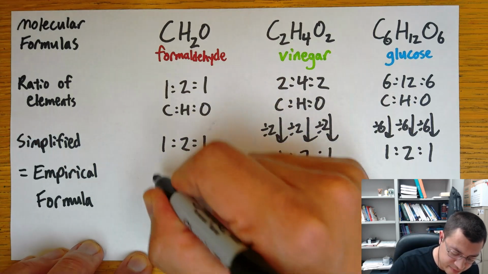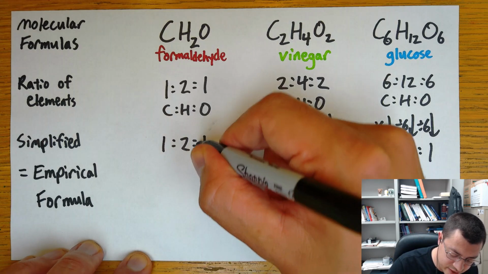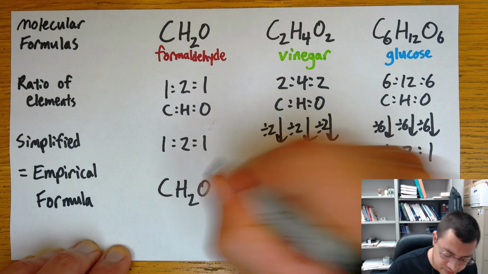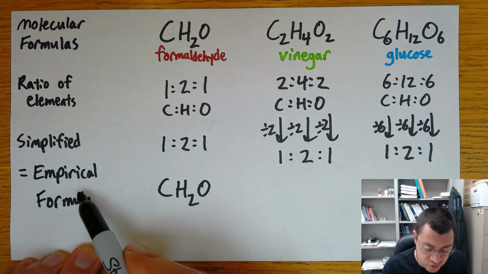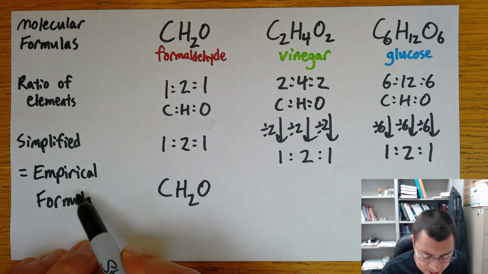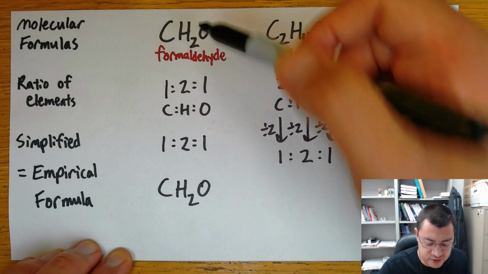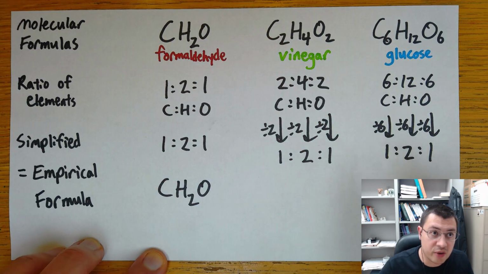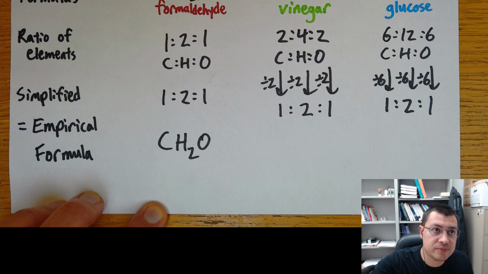So we would write the empirical formula for formaldehyde. Well, it's the same. It would still be CH2O. The only time your empirical formula is the same as your molecular formula is if there's no way to reduce the numbers further.